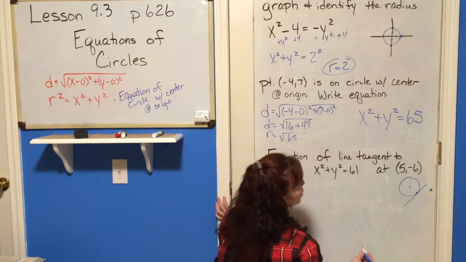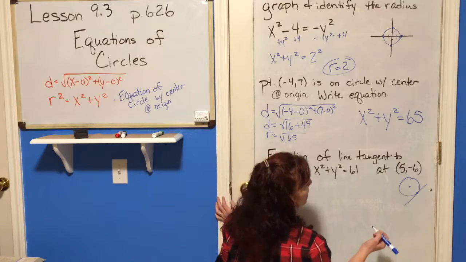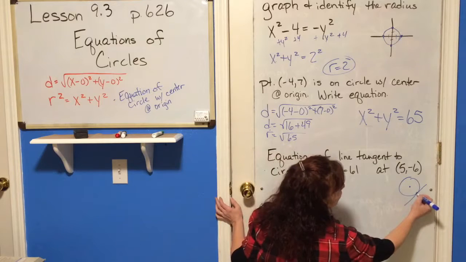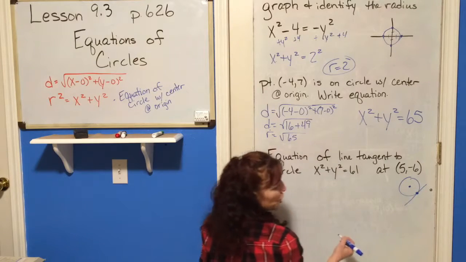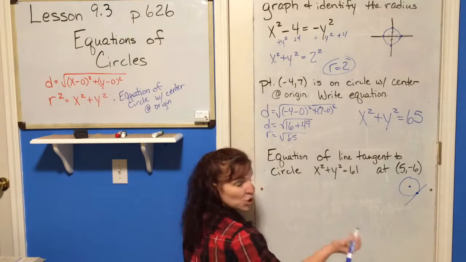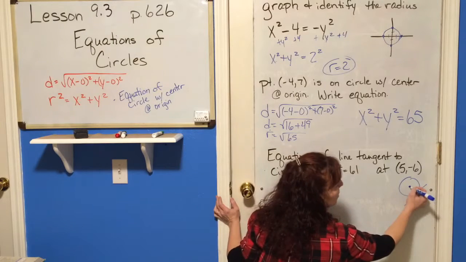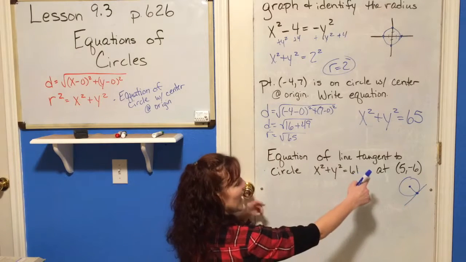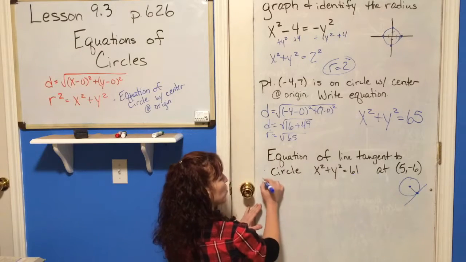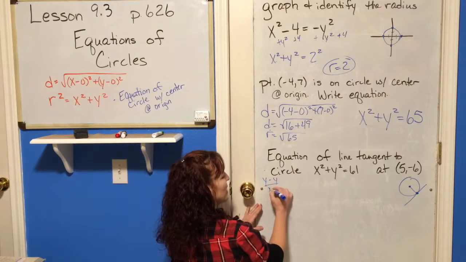So first what we can do is find out the slope from here to the center, right? Because that's 2 points on a line. We could find out the slope of this line. So to do that, we're going to take, remember, y minus y over x minus x.